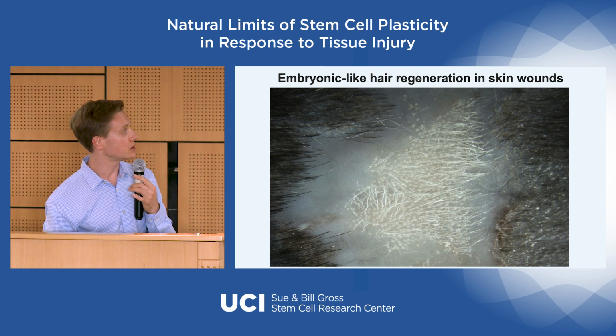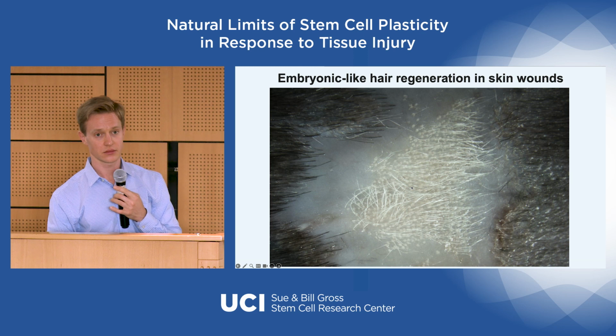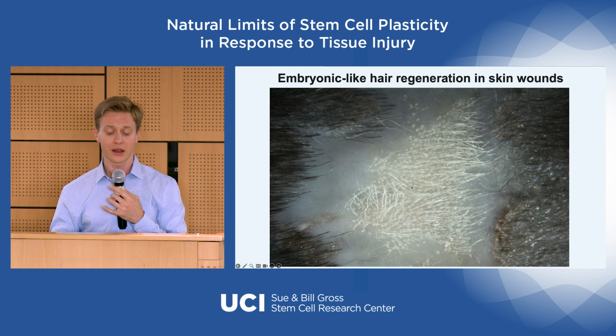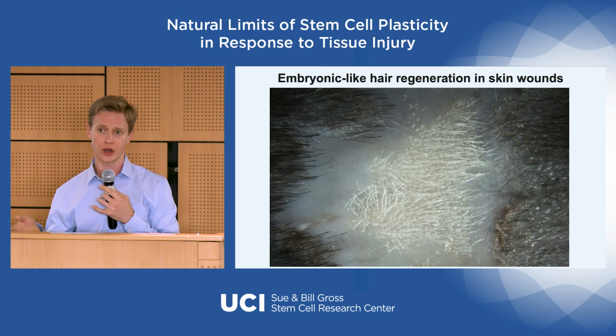So what you're seeing is normal hairs at the edges, they're black. Then you have a little bit of scar tissue, but right in the middle, all this stuff is brand new hair. In the center of the wound, there are actually hundreds of them that have spontaneously regenerated.